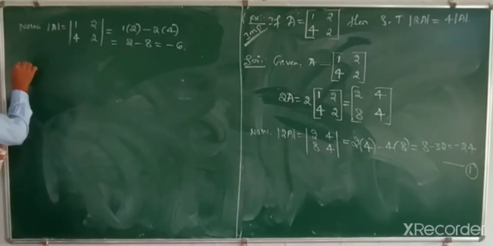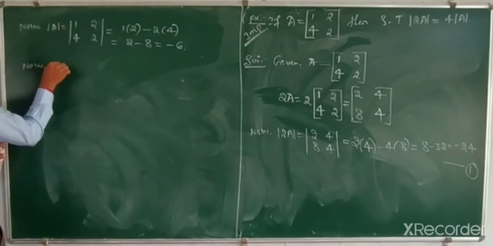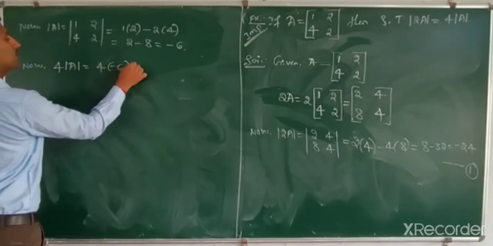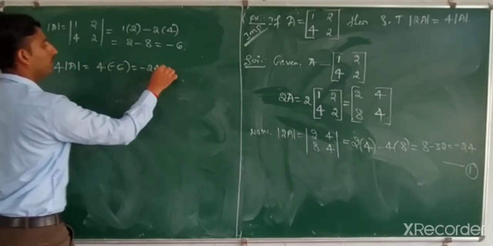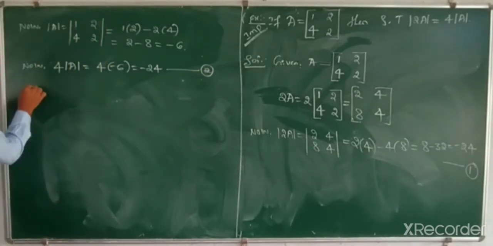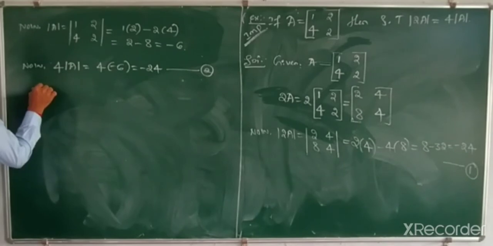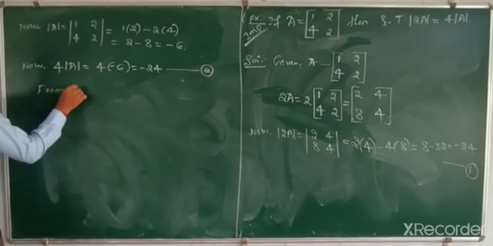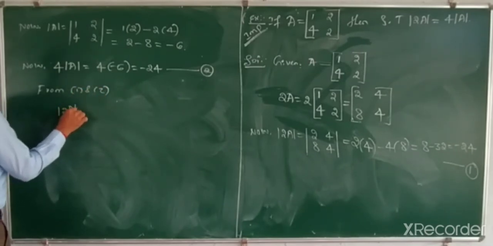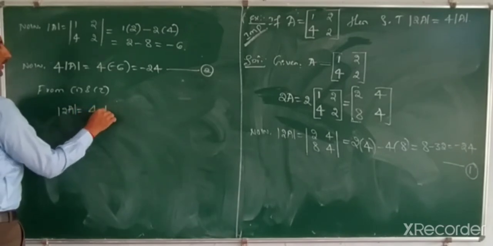Now 4 into determinant of A is equal to 4 into minus 6, which is equal to minus 24. Equation number 2. Therefore, from 1 and 2, determinant of 2A is equal to 4 into determinant of A.